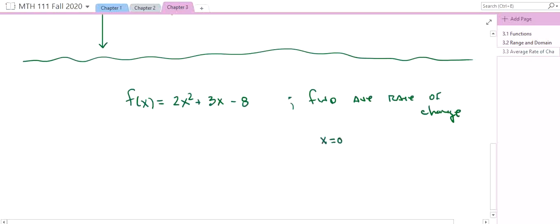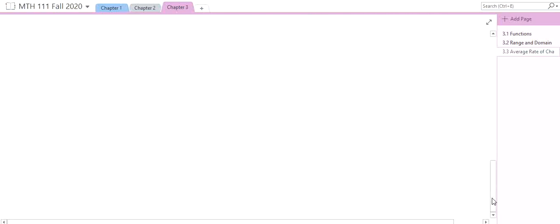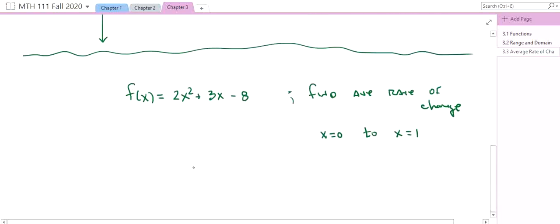Let's say x equals 0 to x equals 1. Make it something that we can quickly do easily. Well, what I want to do then is I got to figure out my point pairs. I got to figure out 2 points. And I only have the x values here, so I need the y values. So that means I'll have to find f of.